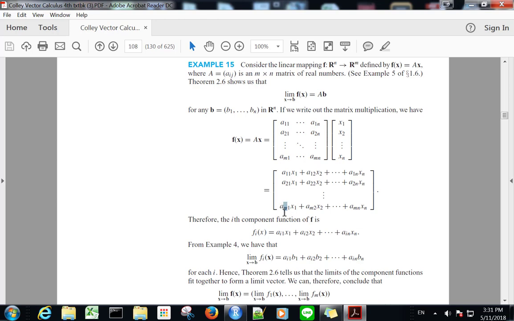So the first subscript is going to be the one that changes. So f sub i, the ith component function, is going to be this, the i is going to be the first subscript here, and the first subscript here, and so on. Okay, so with that, we can just drop in the b's, and we get that for the ith component function.